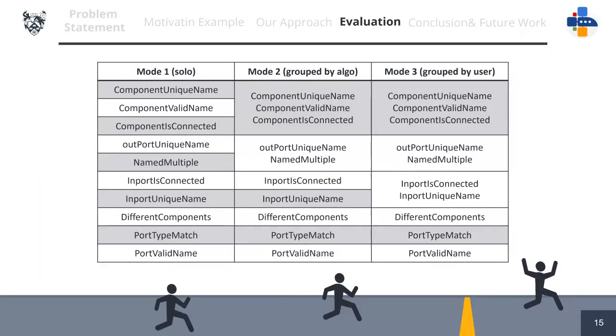For evaluation, what we did is that we implemented 10 constraints using the same meta model. And then we considered 3 modes. The first mode is that we extract the effective meta model for each constraint and keep loading and loading for each one.